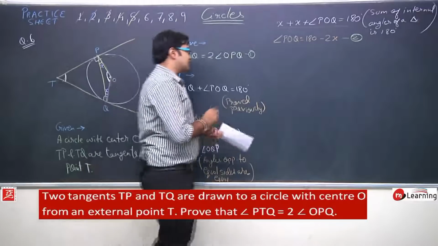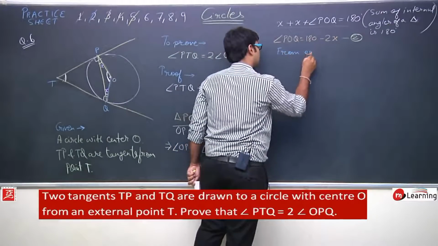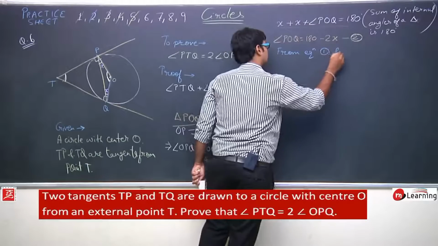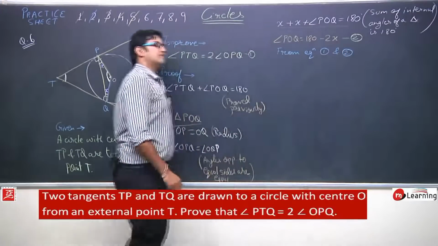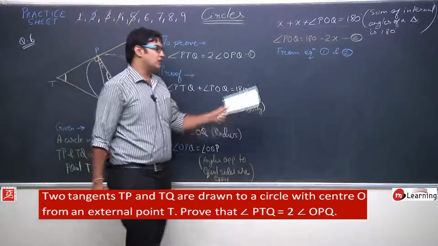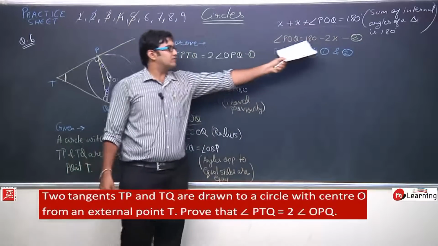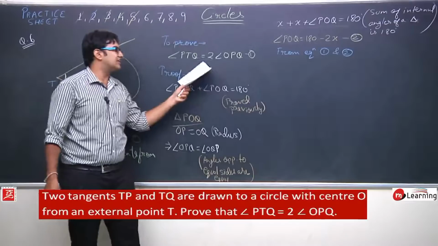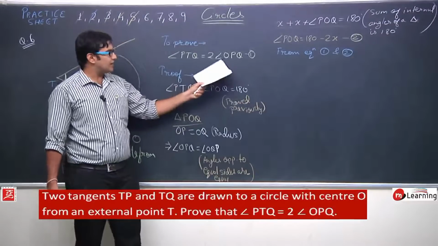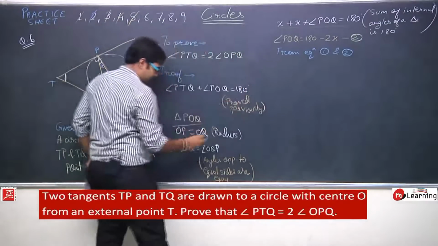So, from equation 1 and 2, try to observe very carefully that this angle POQ can be substituted as 180 minus 2x in this relation. No, sorry, this is not the first equation.